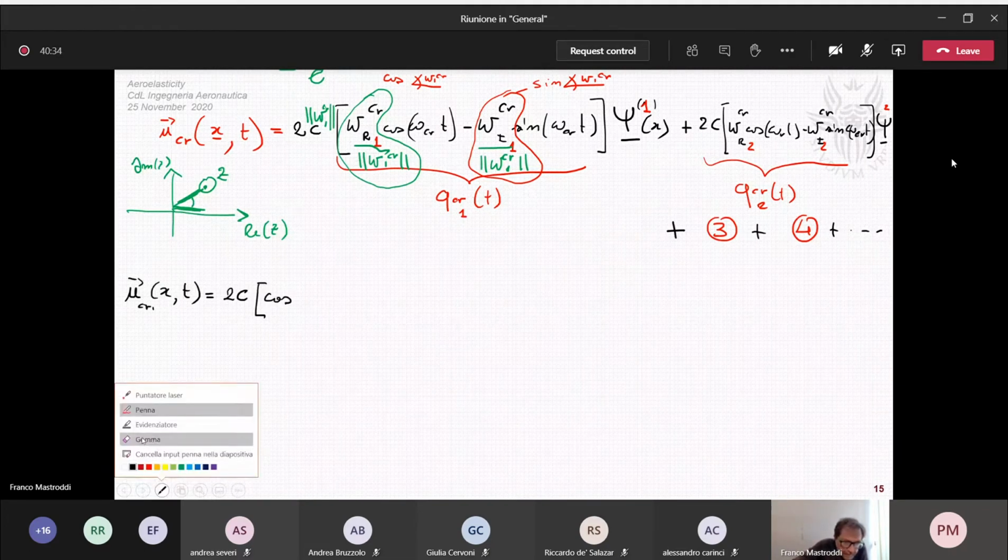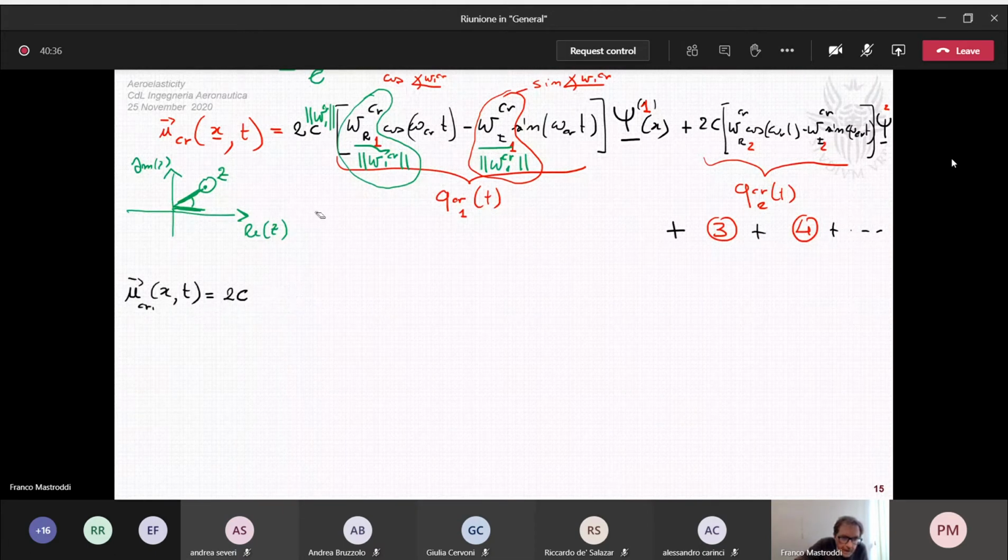First of all, I have this amplitude to be considered: the magnitude of the complex number W critical first component.